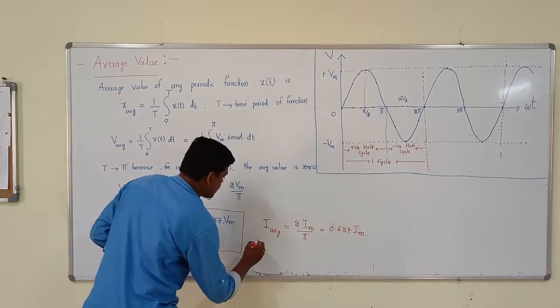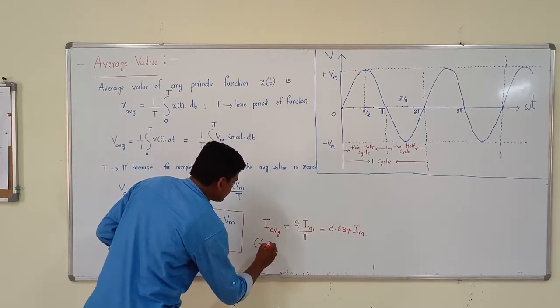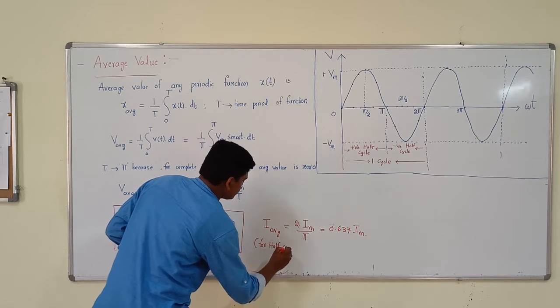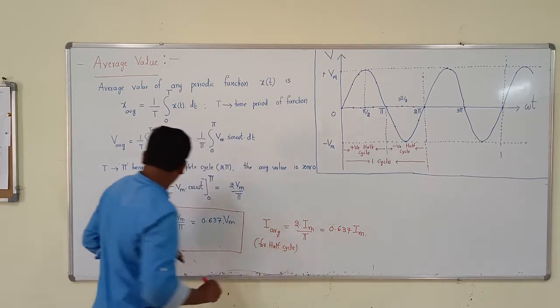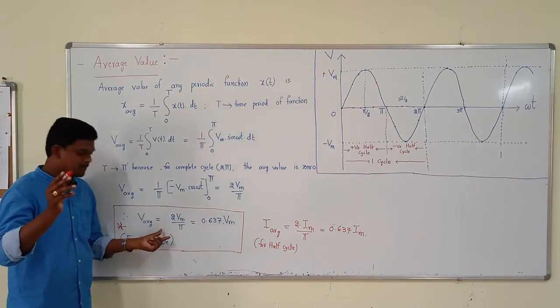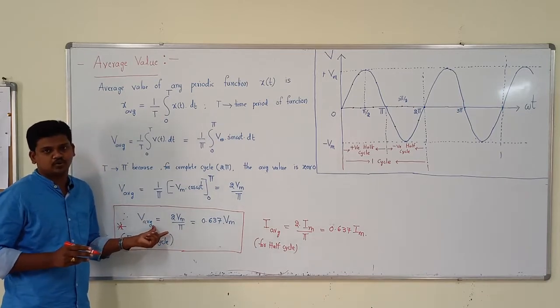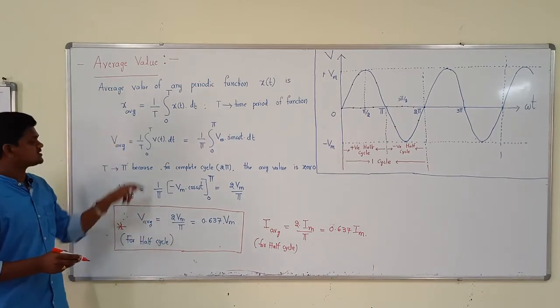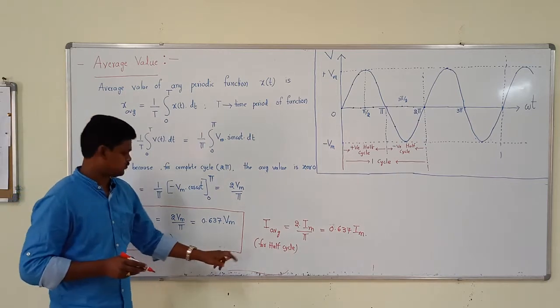This is also for half cycle only. This is the one formula you have to remember for the problems. This is the process of finding the average value.